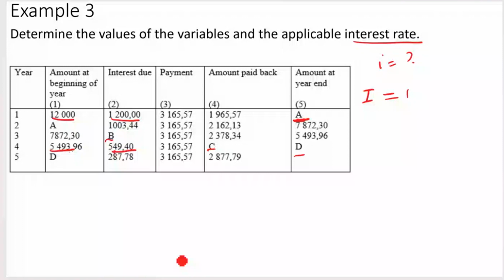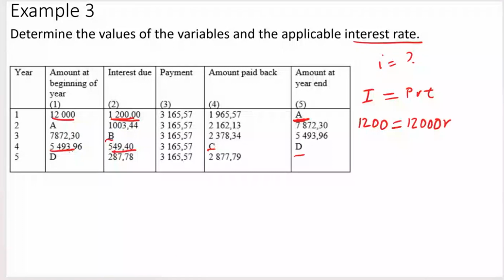For the interest, you are told it is 1200, is equal to: your principal for this period is 12,000. What is your R? That is what you are looking for.